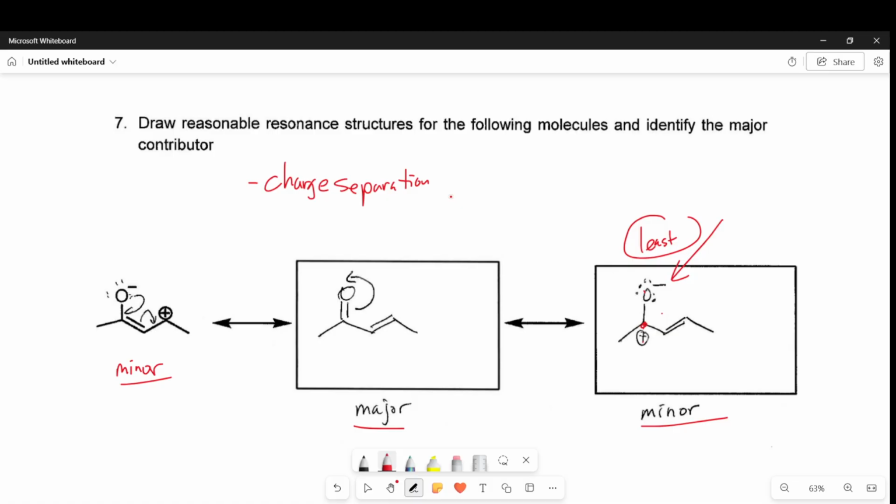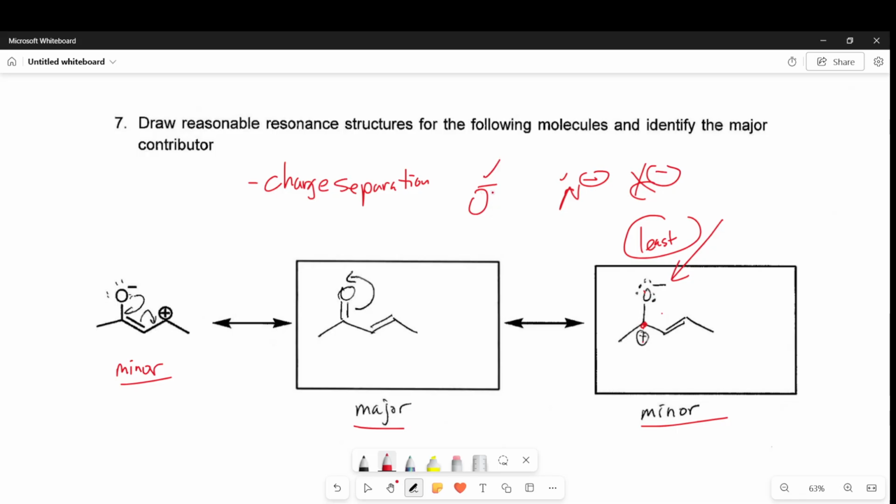I really encourage you to watch my lecture video on resonance, and you'll understand how to draw a reasonable resonance structure. For example, if you have two structures that have negative charge on oxygen versus negative charge on nitrogen or negative charge on carbon, you can say this is a least contributor, this is the next one, this is better.